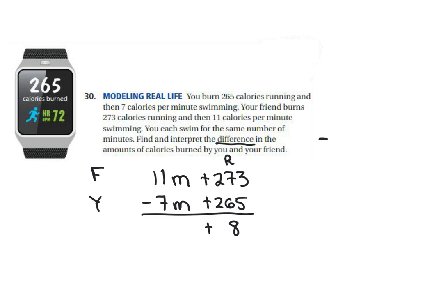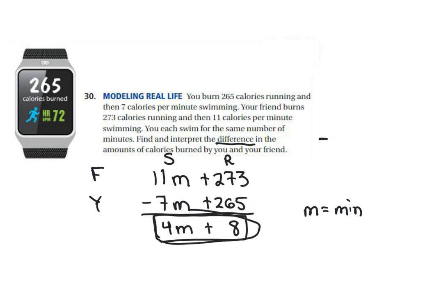And then the difference in calories you burn swimming is going to be 4 calories per minute. So M represents minutes. So the difference is your friend burns 4 more calories per minute swimming, plus they burned 8 more calories than you running. 4M plus 8.